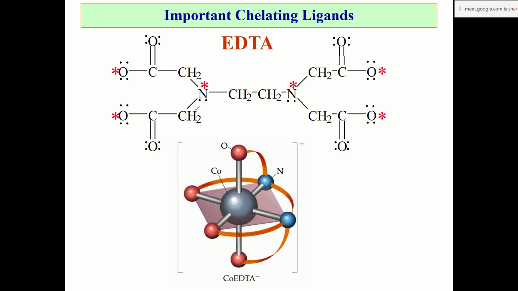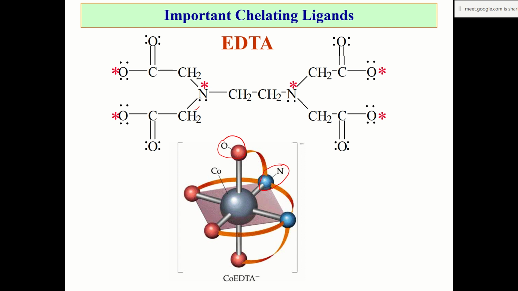So N has two donor sites and there are four donor sites from O minus. O minus acts as a donor, so the lone pairs of nitrogen and the electrons on the O minus, these are the six donor sites, and this is the structure of cobalt EDTA. This is your oxygen, and this is your nitrogen.